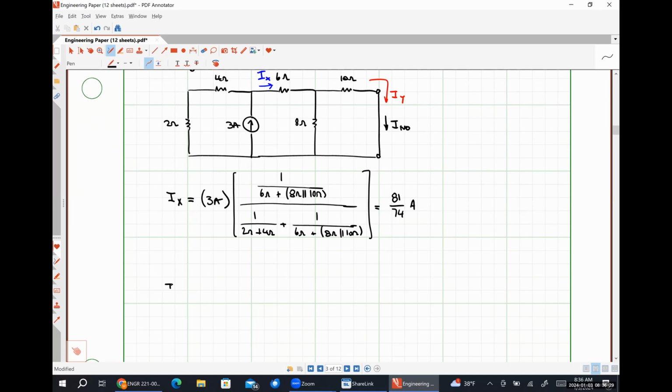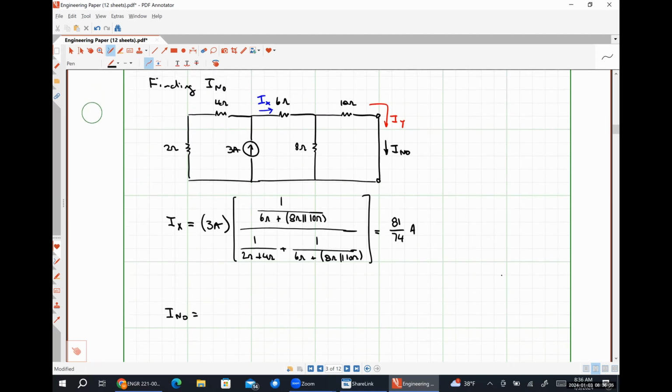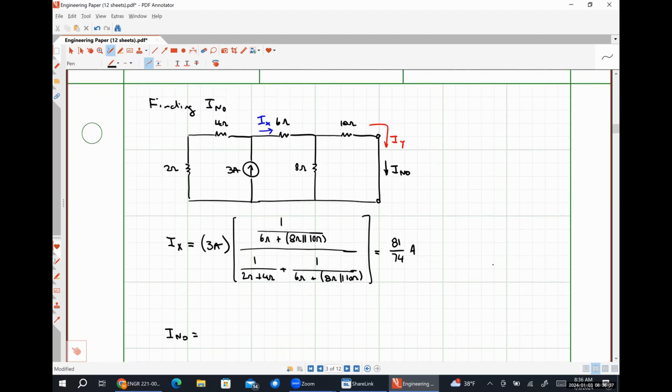And from here, I know, yes, the total resistance to the right that is in parallel with the 3 amp source is 6 in series with 8 in parallel with 10.